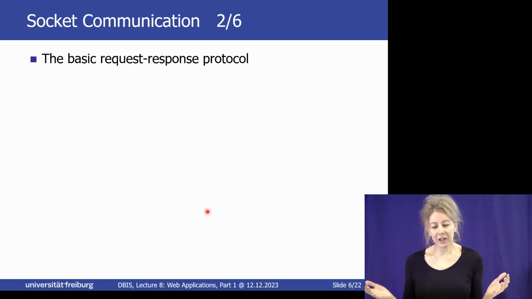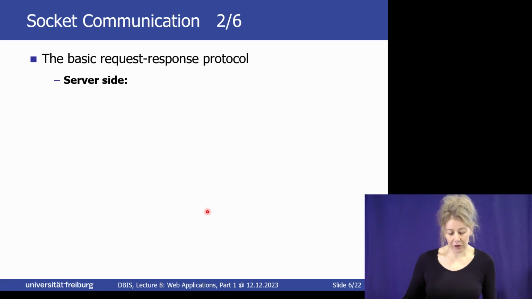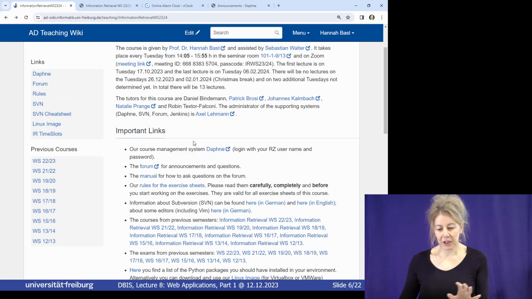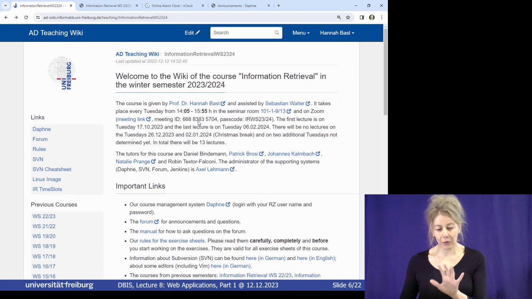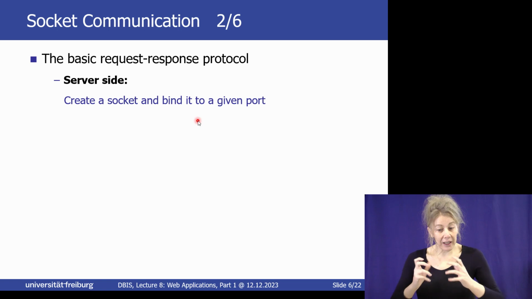Here's a very basic protocol, which we will also use today, which is also how the basic web application protocol works. On the server side, so you have a server, for example, the machine hosting these pages, our wiki pages. And there you create a socket like an endpoint so that people talk to you, and a certain port.